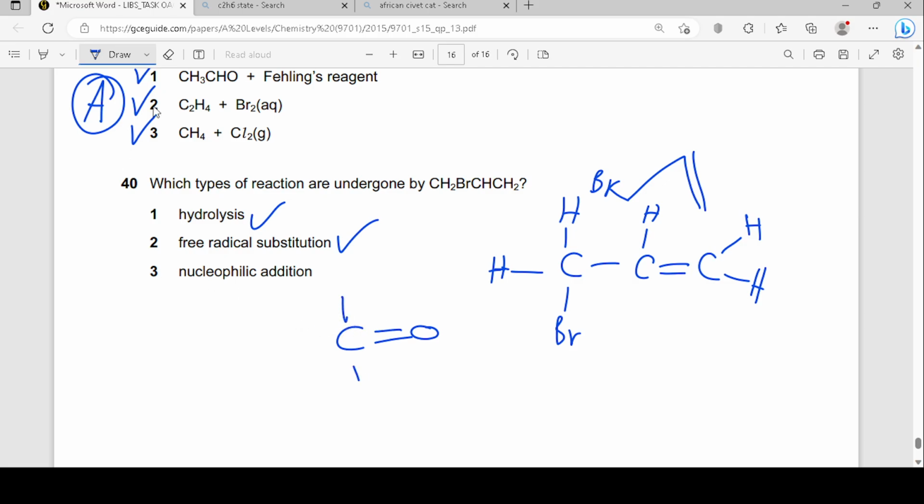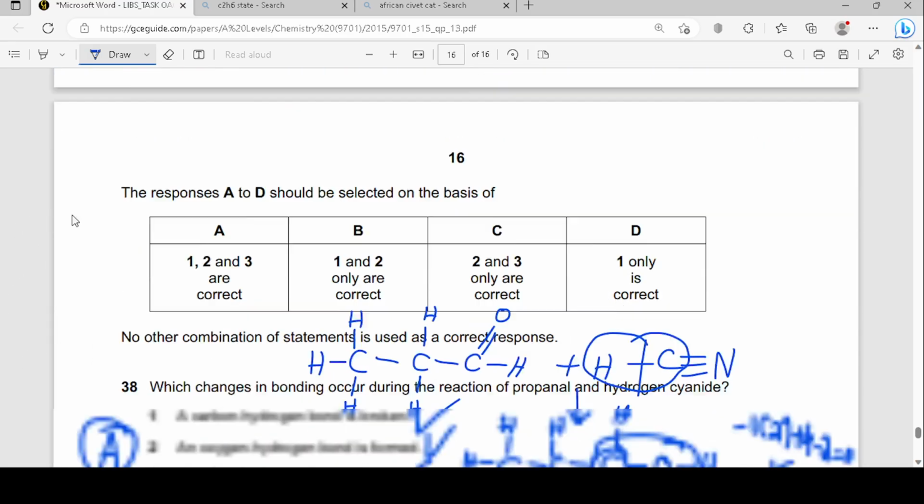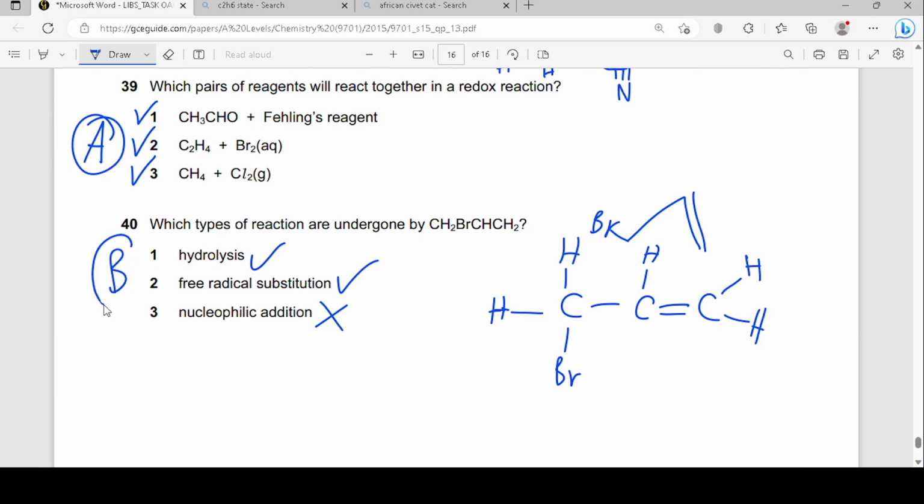I see a halogenoalkane group and an alkene group, but I do not see a carbonyl group, so it does not undergo nucleophilic addition. Therefore, since only 1 and 2 are correct, the answer must be B.